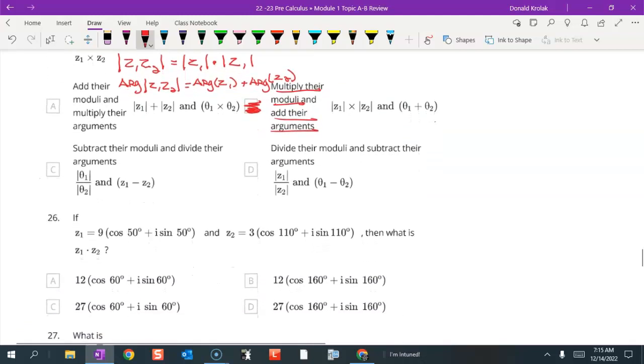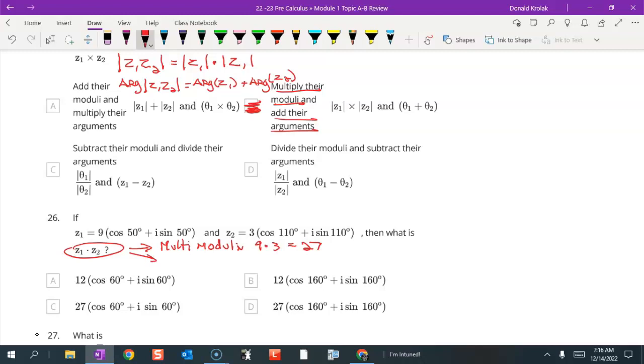So on this next example, we want to multiply these two. So I'm going to multiply the modulus of each one. Okay, so that's going to be 9 times 3, 27.